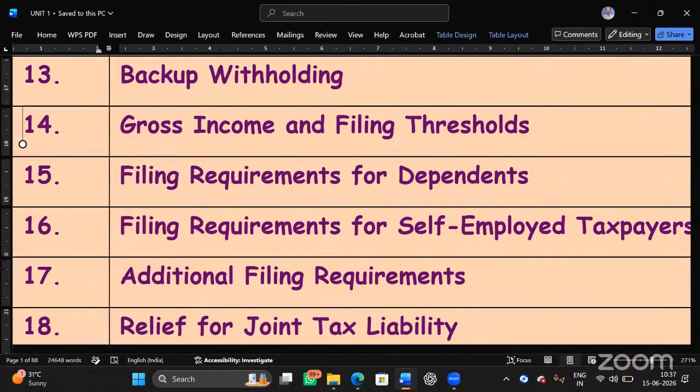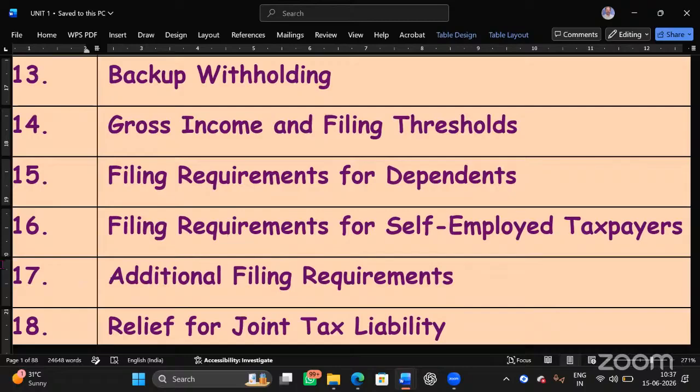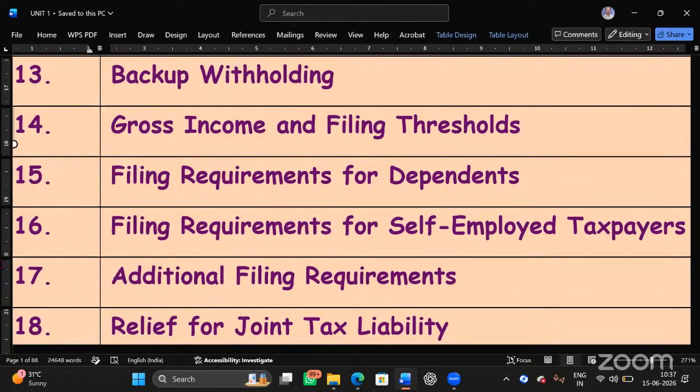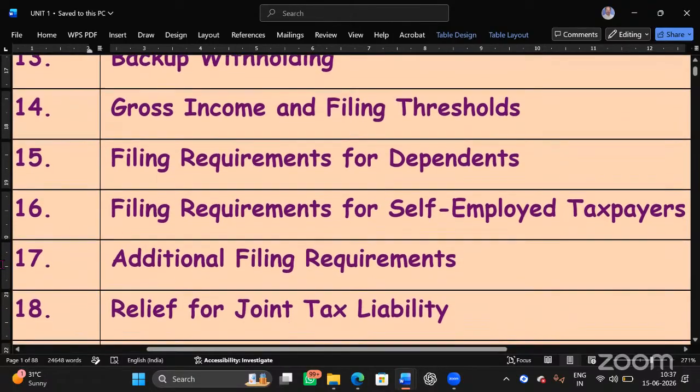Then filing requirements for some self-employed taxpayers. Suppose any person is running a small business individually. In that case, how to calculate tax will be explained very clearly in topic number 16.